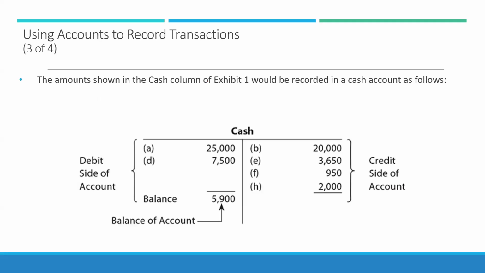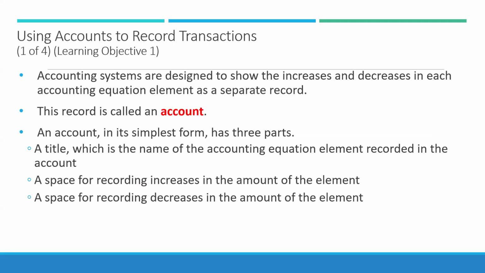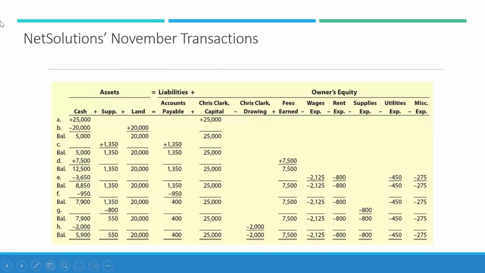Now, the amounts that were shown in that cash column back here, you see all these amounts? We started with 25,000, and then we reduced 20, and then we started 7,000, paid something for $36.50, paid for $9.50. Do you see all these pluses and minuses?